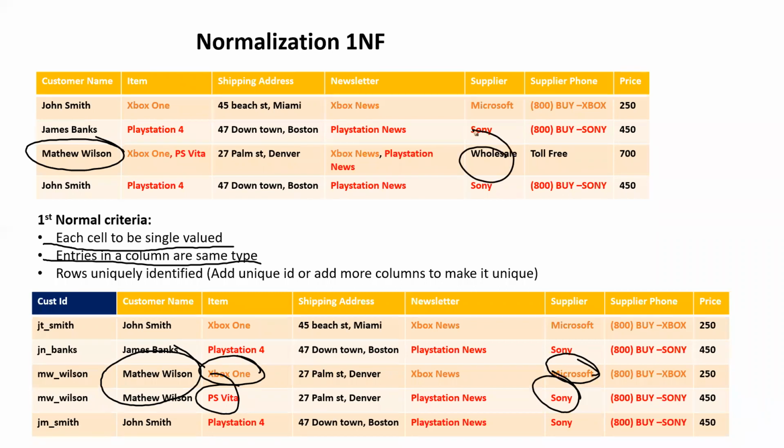So this mixed value is now no longer there. It is now coming as Sony and Microsoft. Also, the toll free value is now further segregated into the phone number for Xbox and Sony. Now, these two problems are solved.